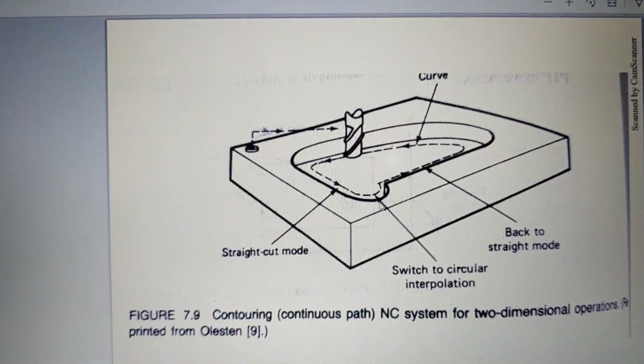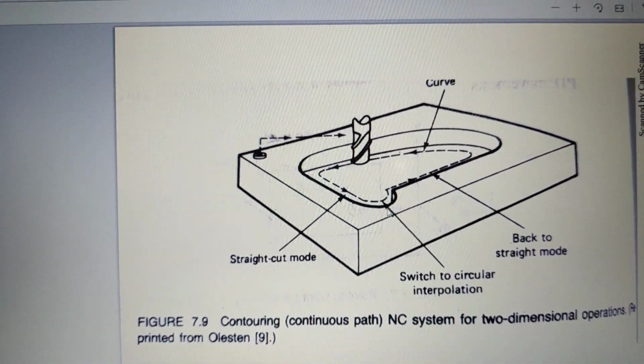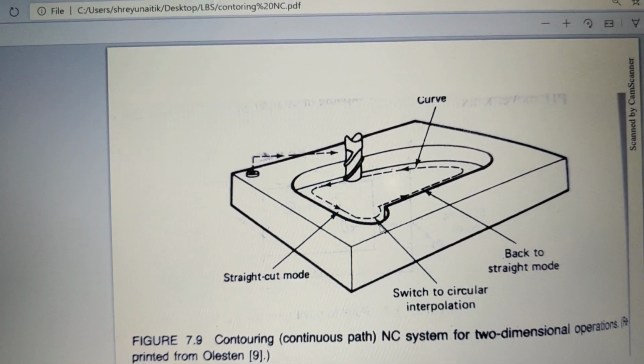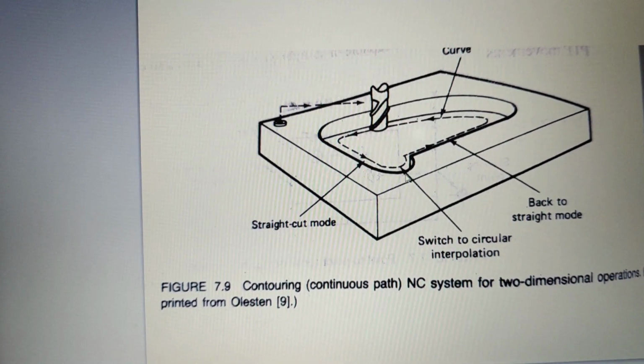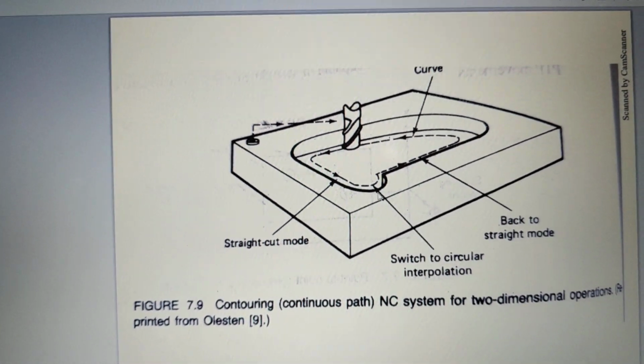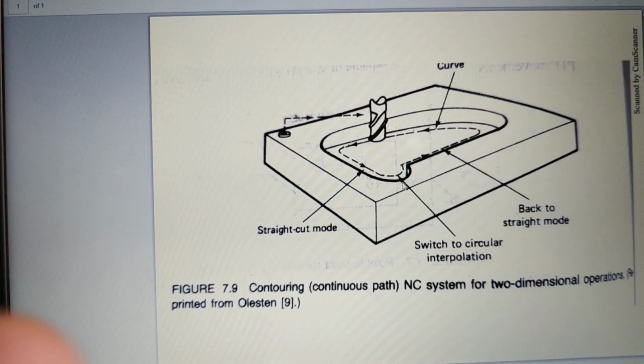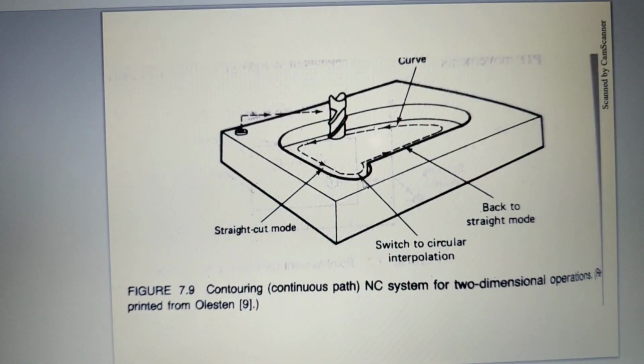Okay, this is the contouring NC system. So there are three types of control systems, that are PTP, straight cut and contouring NC.